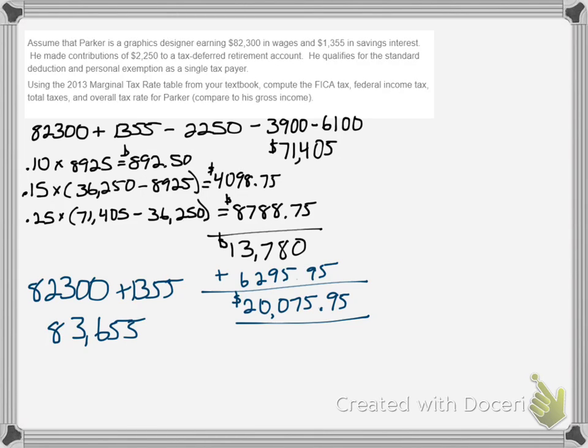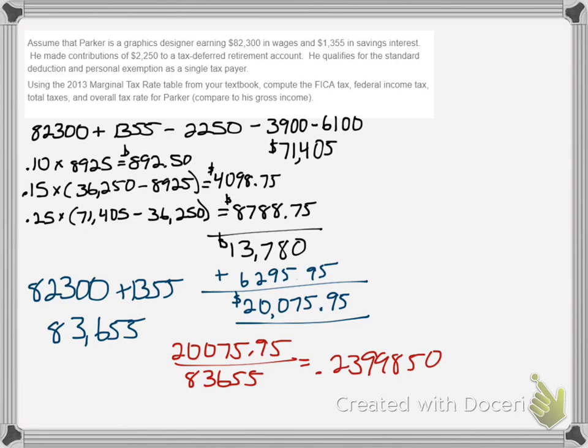So that was his total income. To find his tax rate as a percentage, we take the total tax divided by the total income: 20075.95 divided by 83655 equals, and my calculator says 0.23998506.